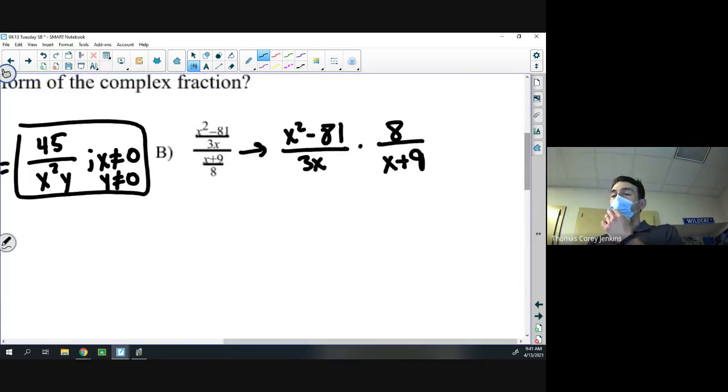All right, so at this point, we can try to reduce before we multiply, which would, like I said, require some factoring. So the left numerator is going to be a difference of squares. So that's going to be x minus 9 times x plus 9.